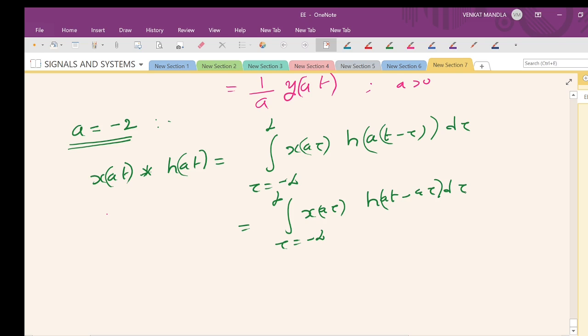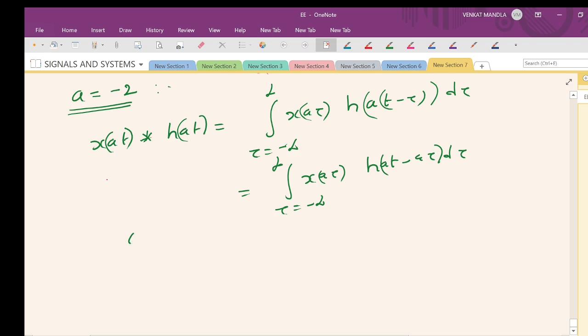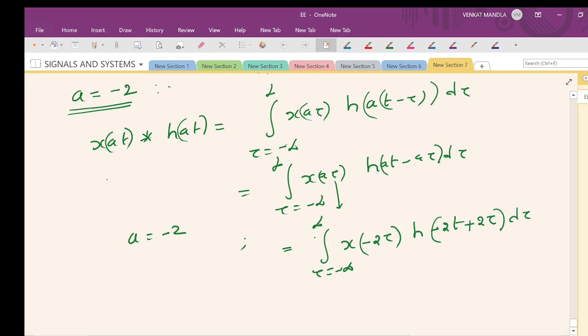Now I will substitute a equal to -2 here: integral of tau from -infinity to +infinity x of -2 tau h of -2t minus, in place of a, -2, so this becomes +2 tau, d tau.